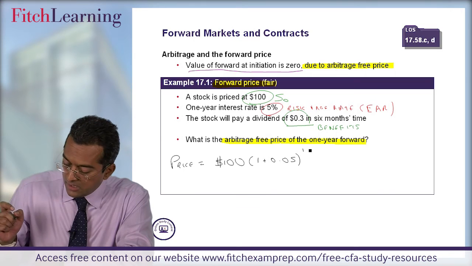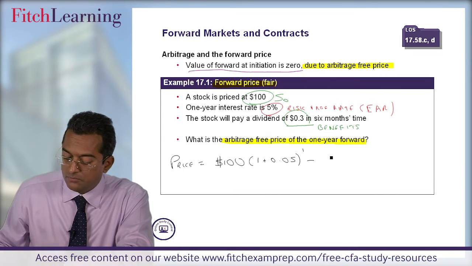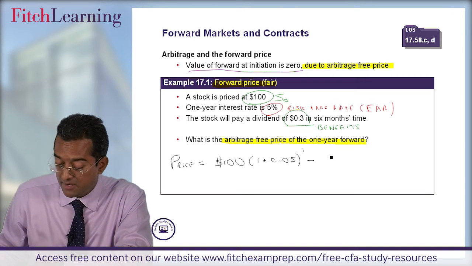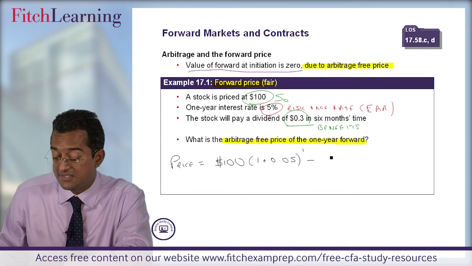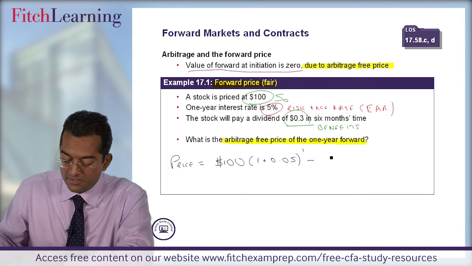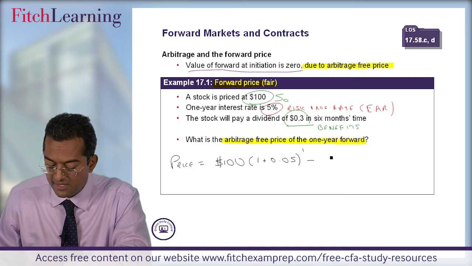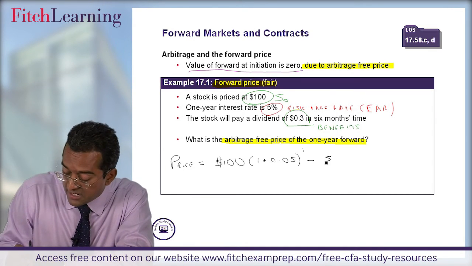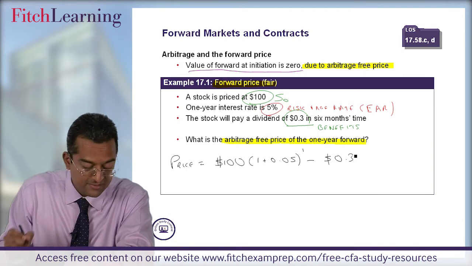However, reflecting the benefits of holding the actual share, you'd actually get a dividend payment of 30 cents. Now, we can do it in one of two ways here, but since I've already compounded the spot price, I think I'll also just compound the actual dividend as well. So let's do that. Let's compound the dividend of 30 cents.